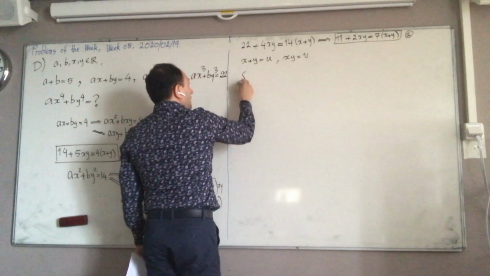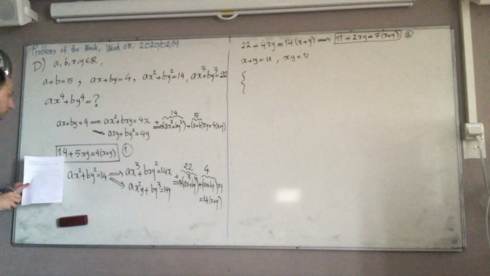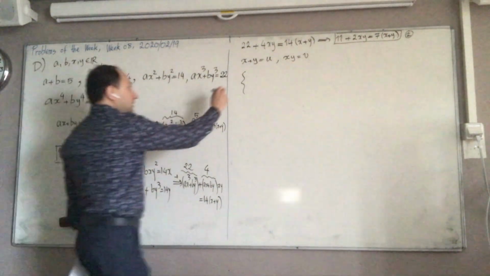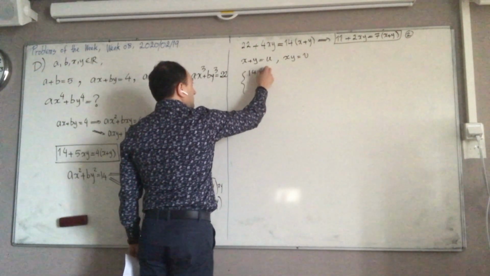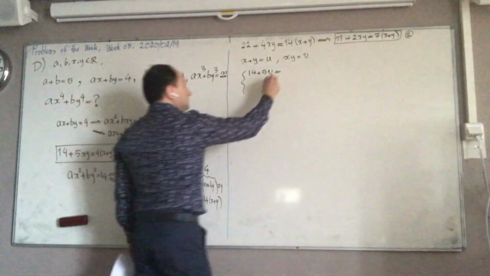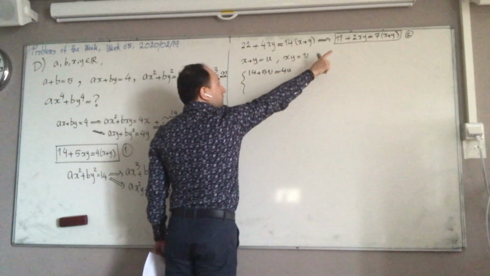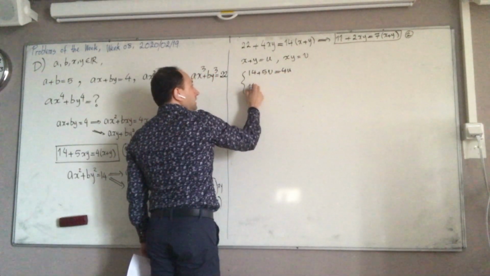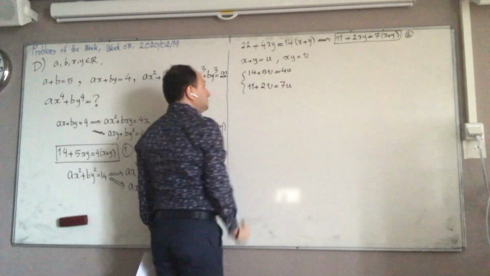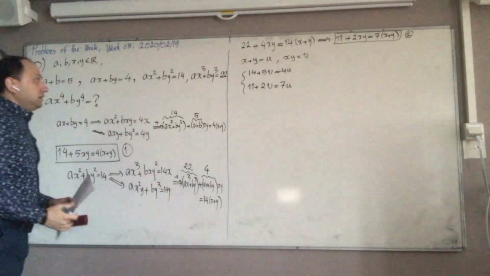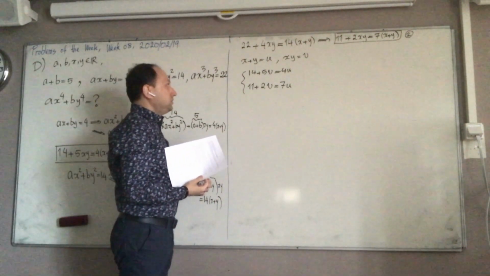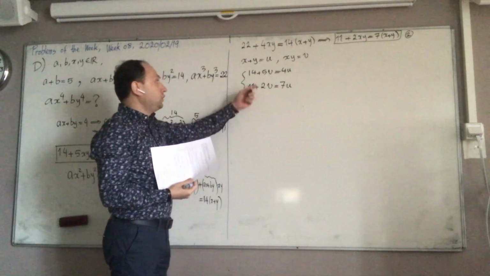Then this number 1 equation would be 14 plus 5v is equal to 4u. And equation number 2 will read 11 plus 2v is equal to 7u. And that is just a simple system that I need to solve for u and v.